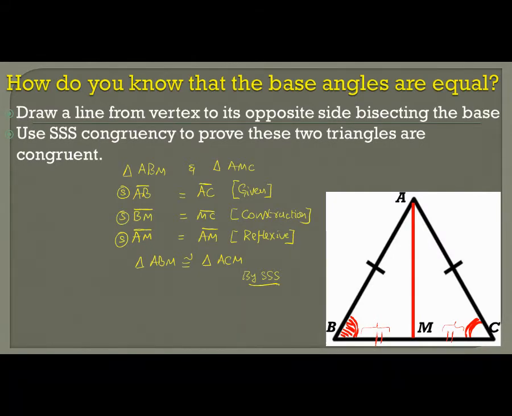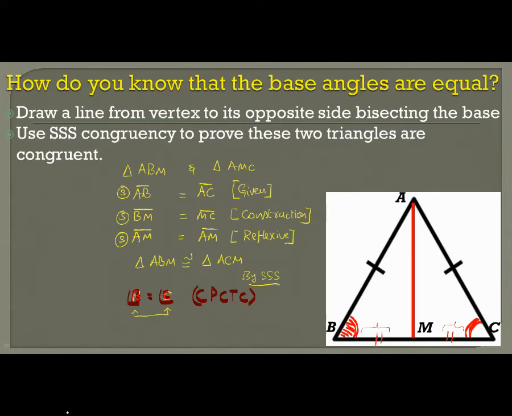So angle B and angle C are equal. We call this corresponding parts of congruent triangles are congruent. So I proved that angle B and angle C, these two base angles, are equal. I proved it. That's it.